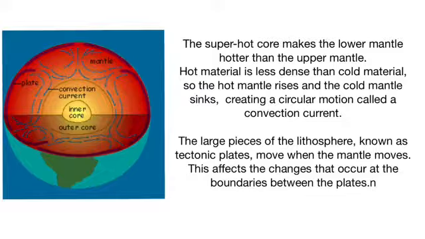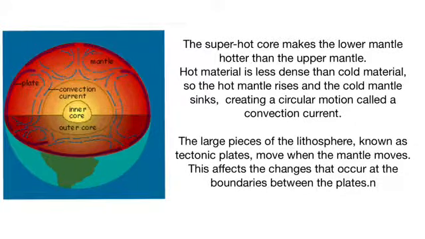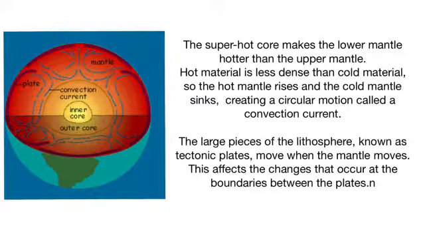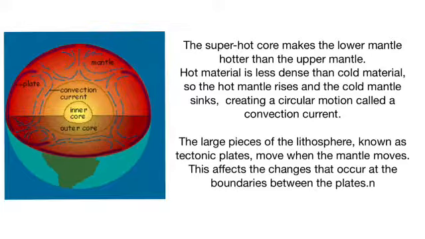That moving mantle carries the chunks of lithosphere that we call tectonic plates around with it. And in the spots where they connect with other tectonic plates, those places called plate boundaries, well, their motion causes all kinds of things to happen.